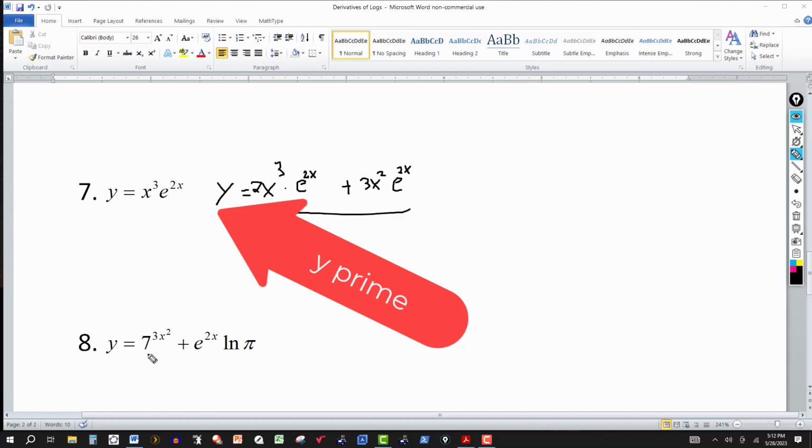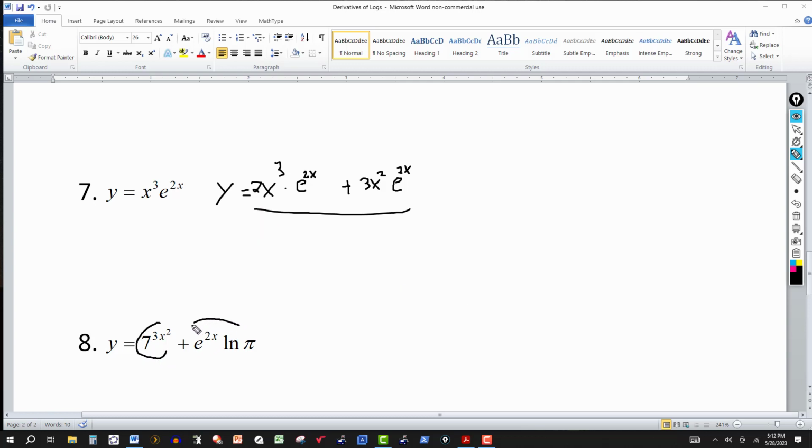And then for the last one we have exponential here, another exponential here, times a log, natural log of pi. So this will be the derivative of the first one. Derivative of 7 to a power of 3x squared is that power, 3x squared, times the derivative of u with the exponent there.